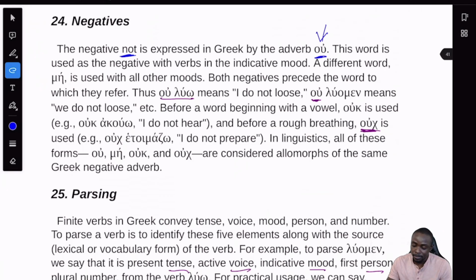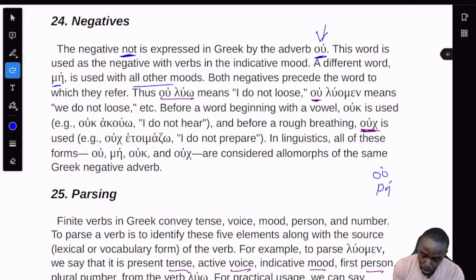That's how you say not or no. This word is used as the negative with verbs in the indicative mood. So a different word, me, is used with all other moods. So you have two. You have ou and me, right? Let me get the rubber here. So you have ou, and then you also have me, right?